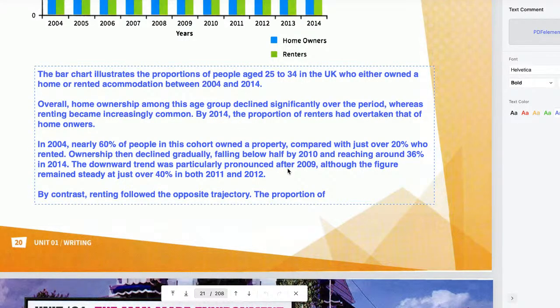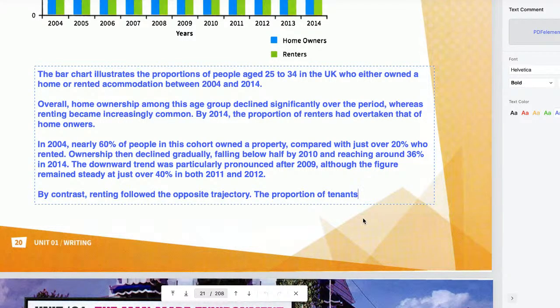Have you ever heard of tenant? Tenant. So the proportion of tenants. T-E-N-A-N-T. Should we use S or without S? With S. Why? Because renters have S? No. I know renter has S, yes.